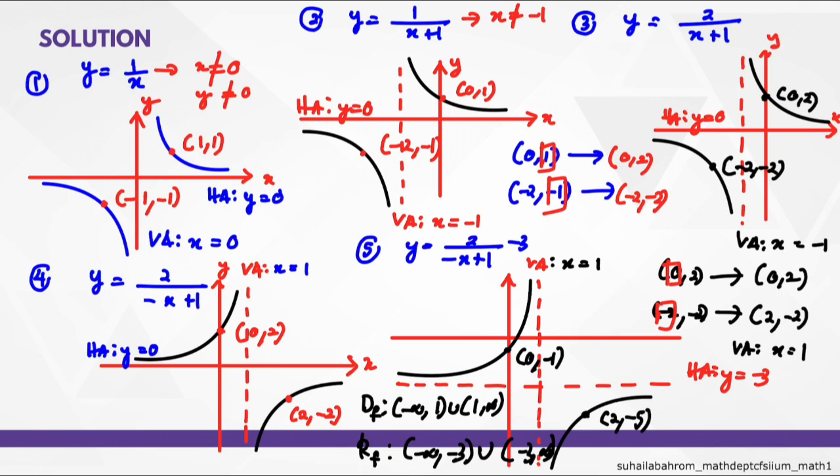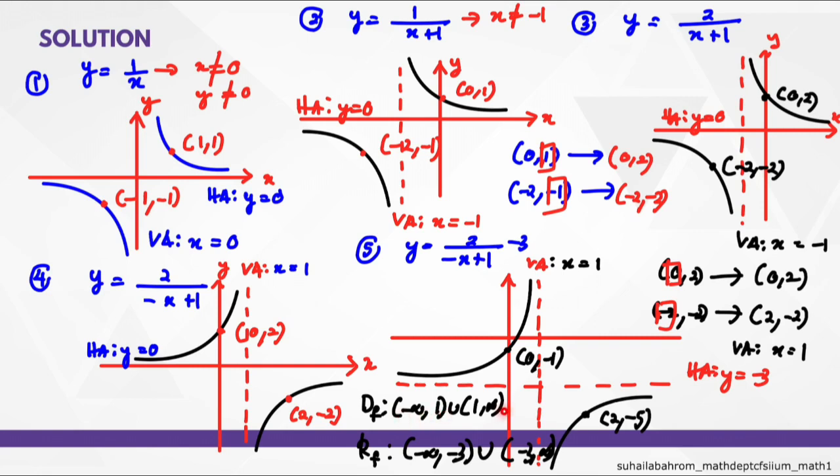So we have here y equals -3 and vertical asymptote x equals 1. When you already have the correct asymptotes, it will be easier for you to determine the domain and range. For the domain, you can also look at the last function here, 2 over -x plus 1, so x cannot be 1, meaning that the domain will be from -infinity until 1 union 1 until infinity.